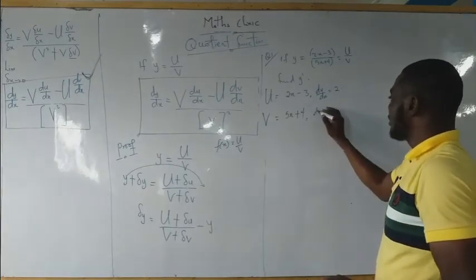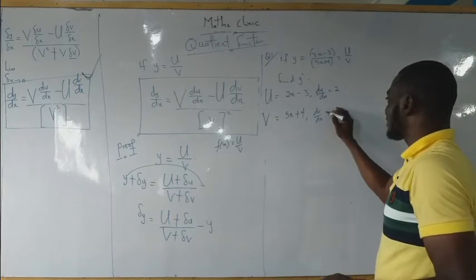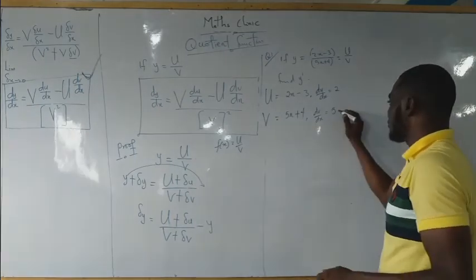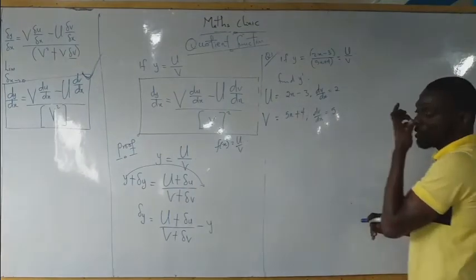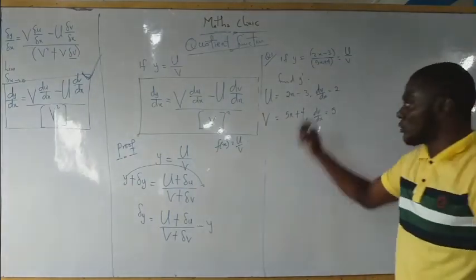So we can have dv over dx. This will give us 5. Take note of that. It's 5 and not 5x. This is also a constant, so the derivative of 4 is 0. Okay?